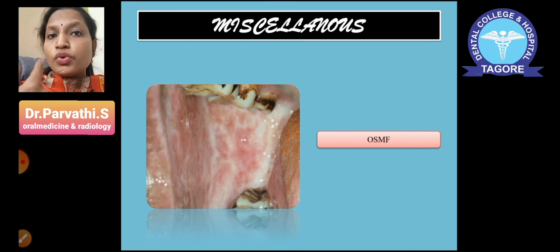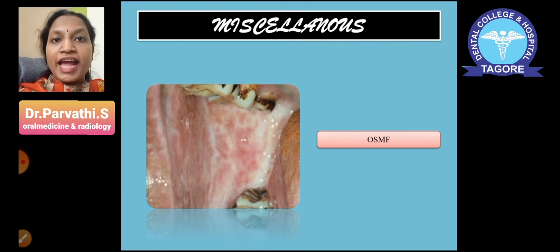So the mucosa appears blanched and white, as the vascular supply is less. Due to the collagen increase, there will be a fibrotic band which is palpable. That's why clinically, by seeing alone, you cannot appreciate OSMF. You need to palpate the fibrotic band in the oral mucosa. So this is about oral submucous fibrosis.